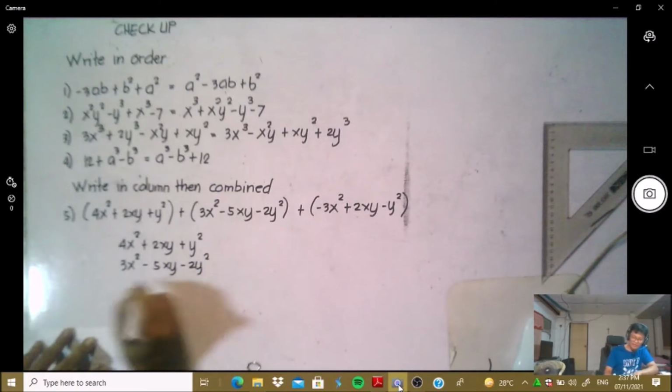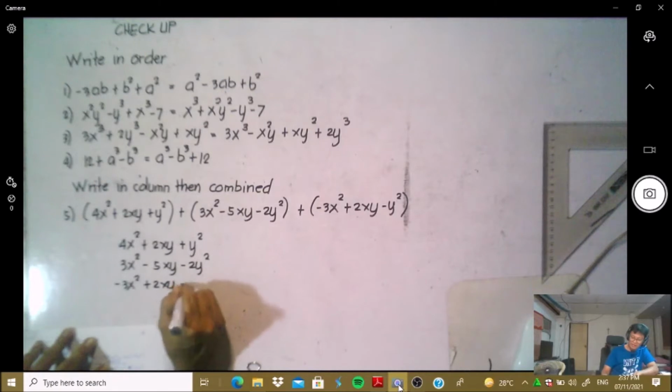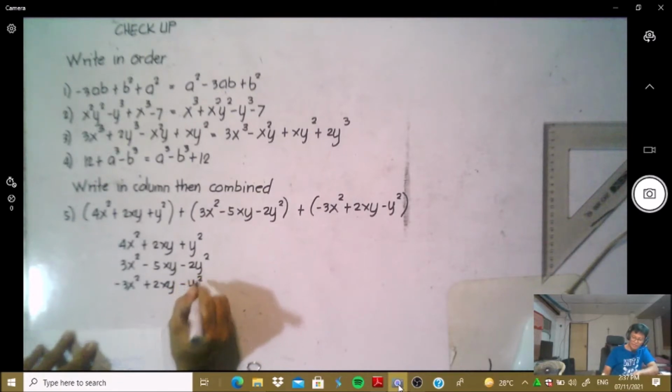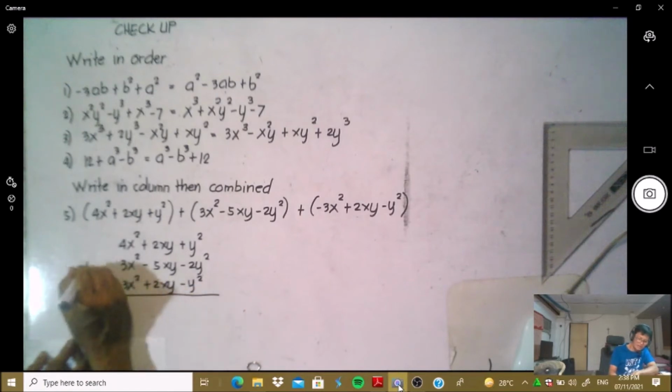Then last we have negative 3x squared plus 2xy minus y squared. Okay, then let's combine, meaning let's add.